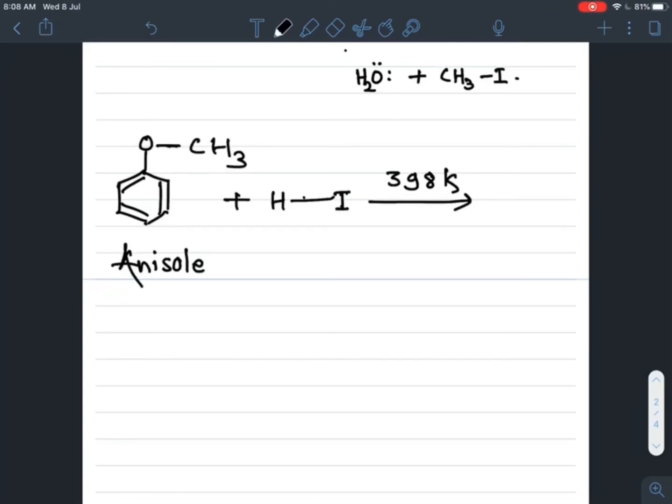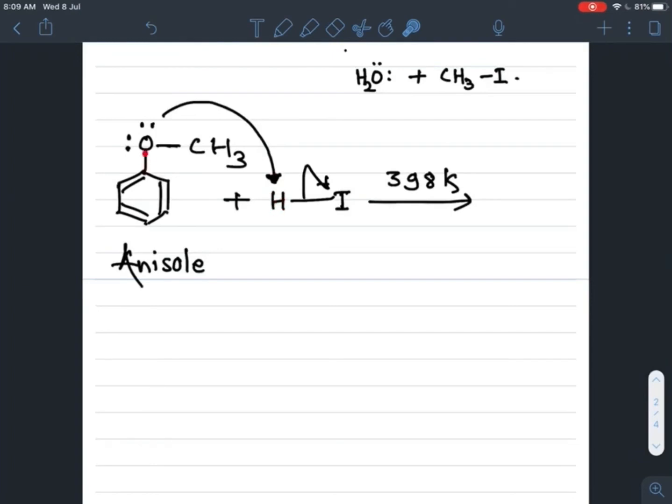Now here again the bond breaks heterolytically. H plus and I minus are formed. On this oxygen there are two lone pairs of electrons, and in the same way the oxygen donates its lone pair of electrons to the H plus and bonds to H plus.